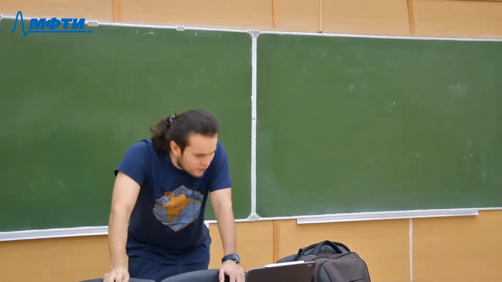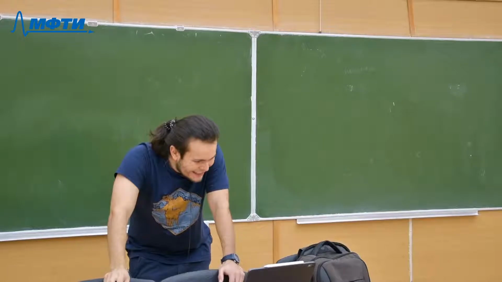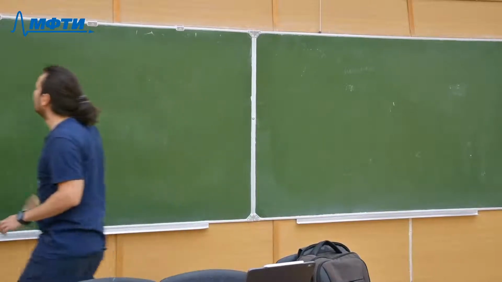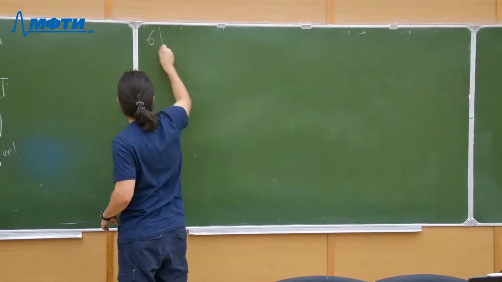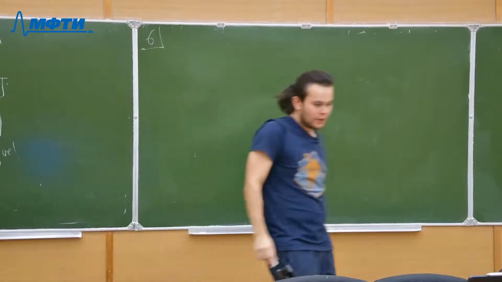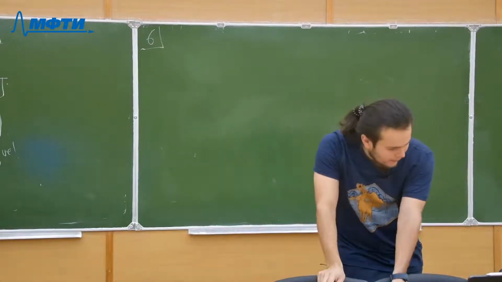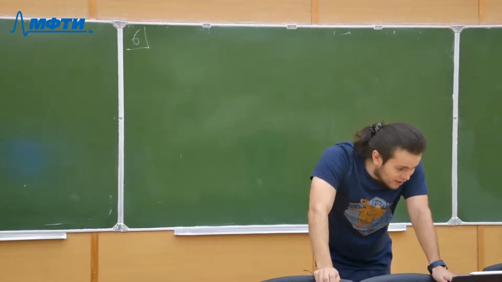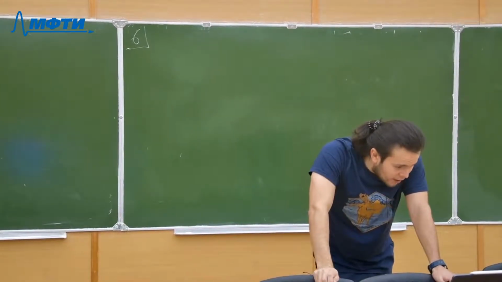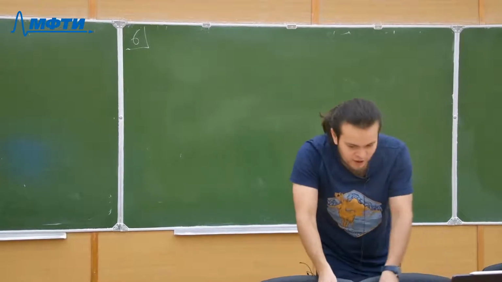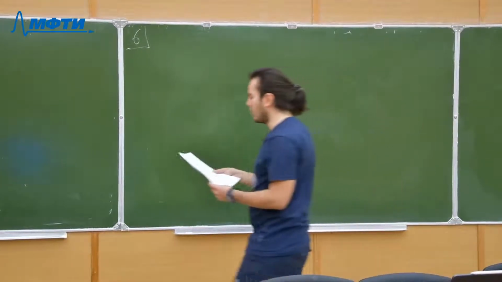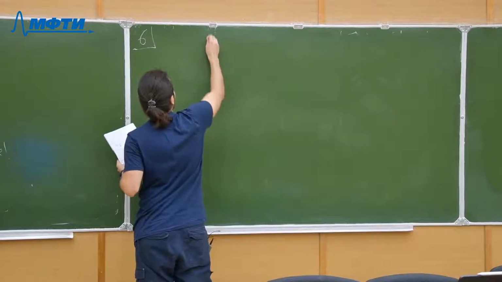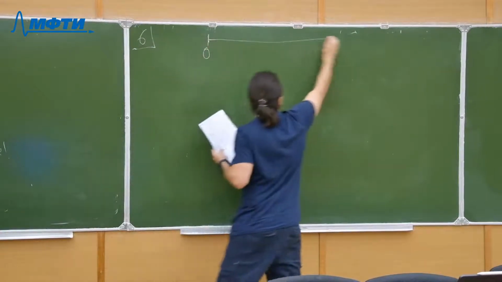Now this is going to be exercise number 6. I'm not going to write everything because it's a long condition. So we have the line from 0 to infinity, right?